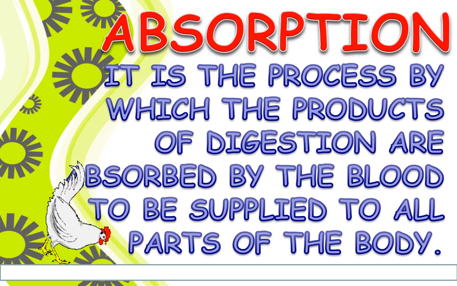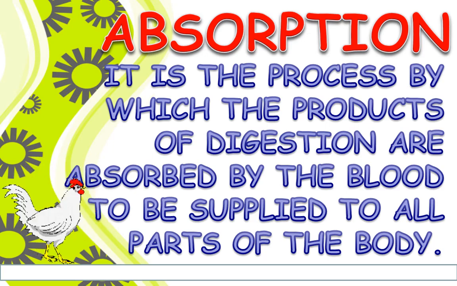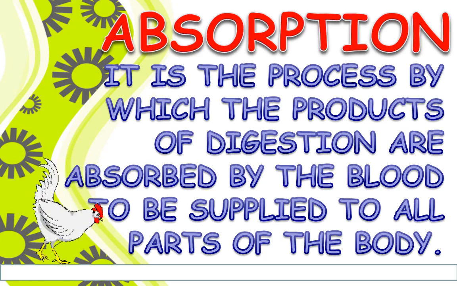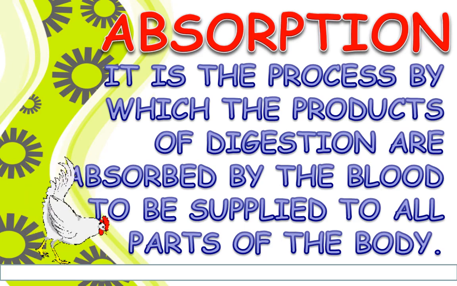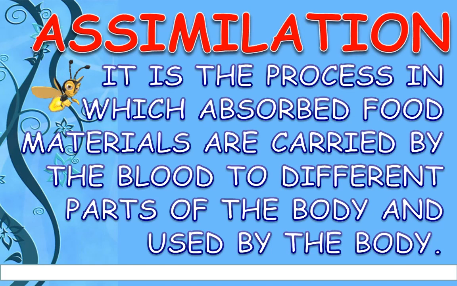After digestion, there is absorption of food. It is the process by which the products of digestion are absorbed by the blood to be supplied to all parts of the body. Next step is assimilation.